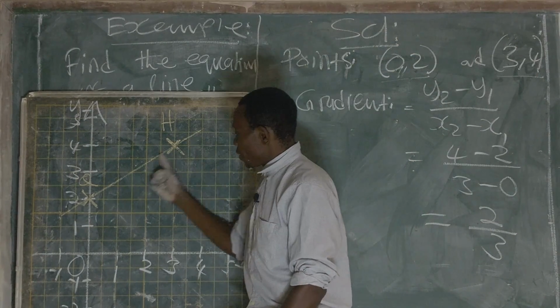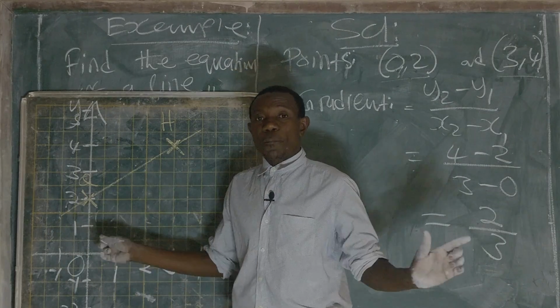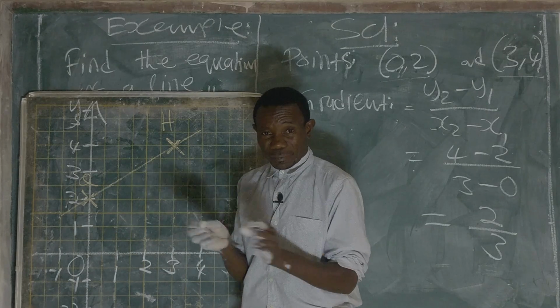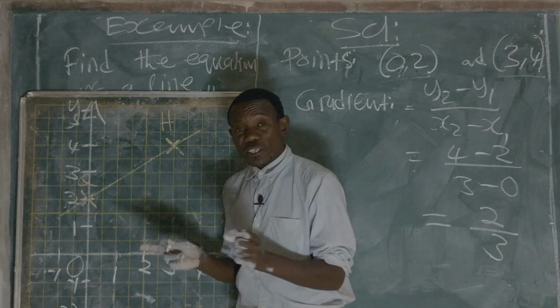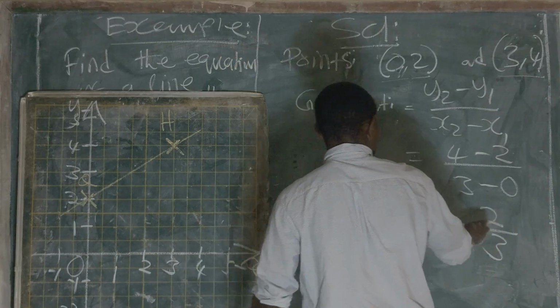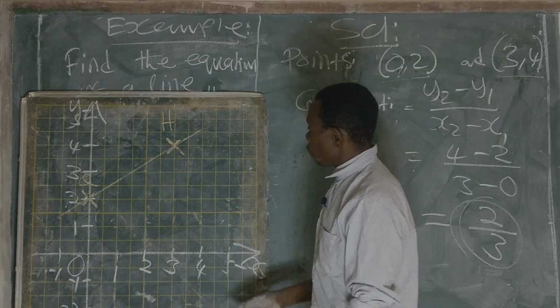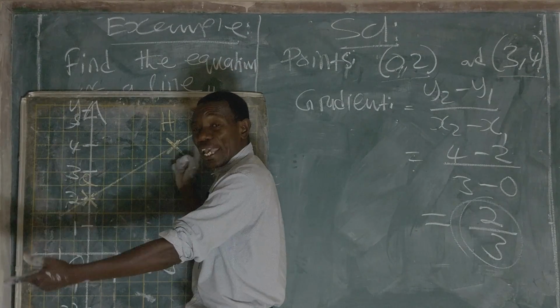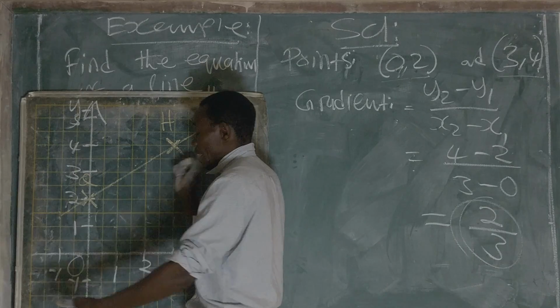But this line has several points. These two are just like a scratch of the points which form this line. The gradient is the same between any two points within that line.